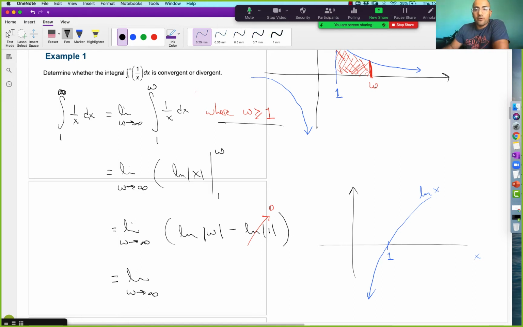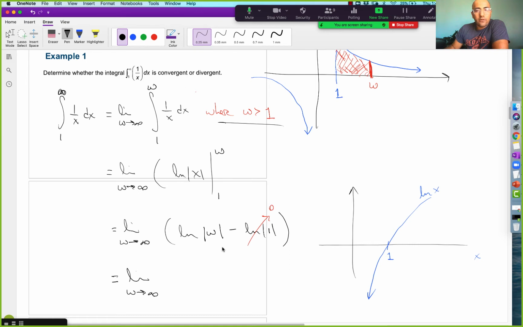Now we said w was greater than 1, and we should just stick to strictly greater than 1, just because we're interested in very large values. So for w being strictly greater than 1, we're interested in that pattern.